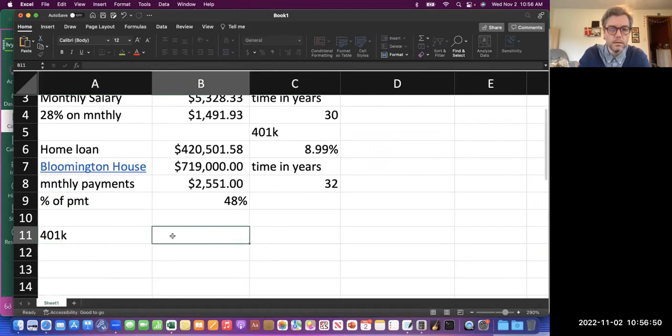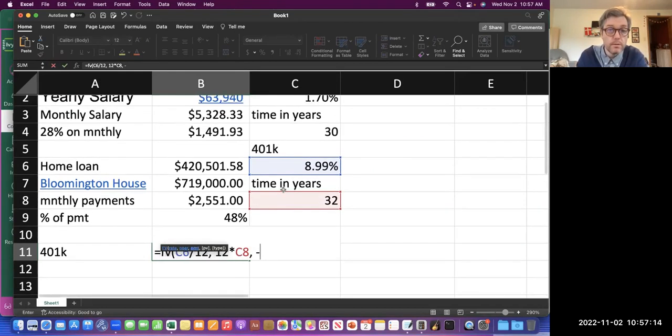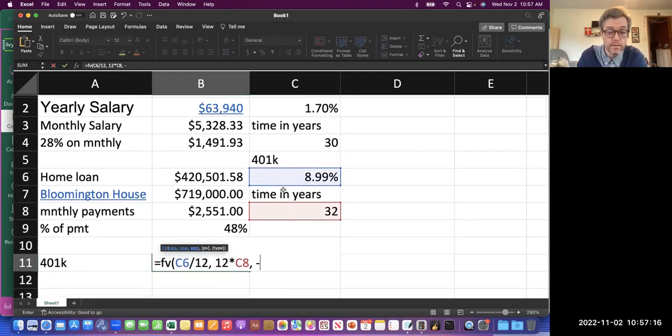401k. And what function do we use when we do a retirement account? FV function. All right, so that is 899 divided by 12, 12 by 32, minus, it was 4% of our monthly.